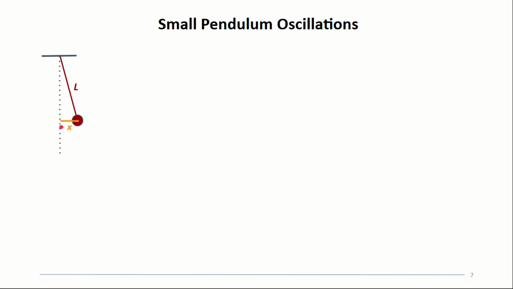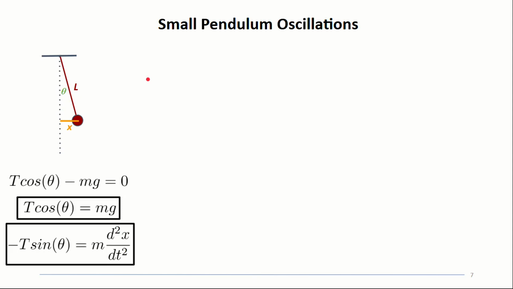Then we have a distance of x going from the vertical line to this point here, and an angle of theta formed, just like we saw in the previous slide. And thus you get a right triangle. I'm just going to take the results from the previous slide. The ones in the black box are the most important, because they're going to be used to derive what's going on here.